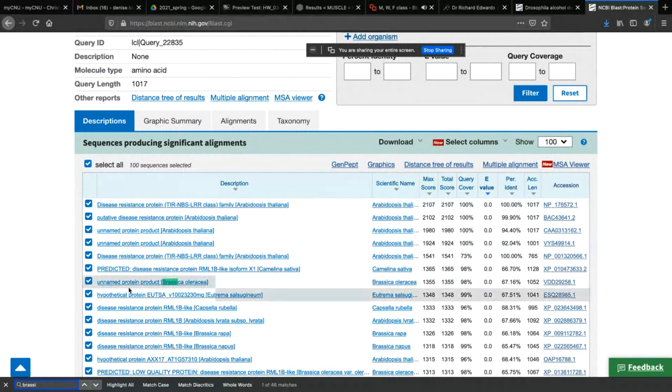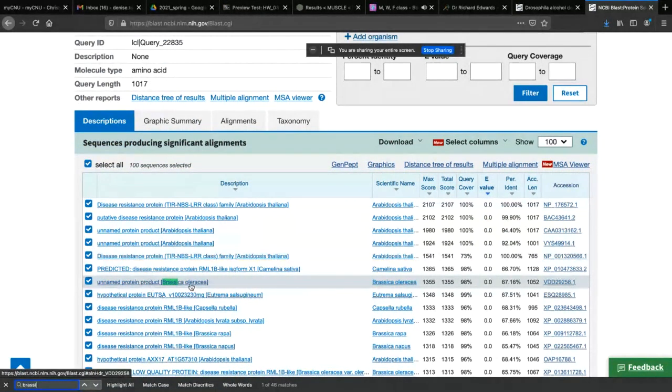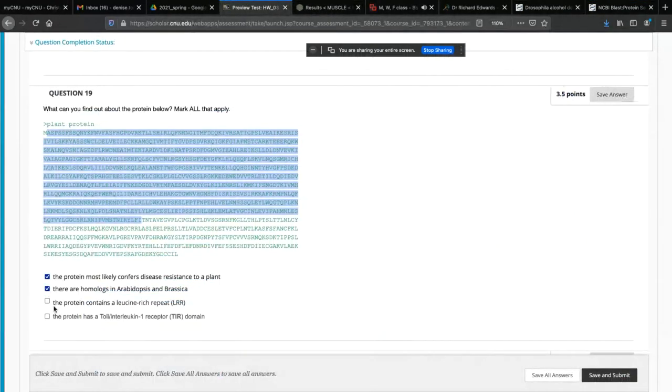So there are homologs in both. In this case, they don't know what it does in Brassica. But this is one example where finding a homolog gives you an educated guess of what the sequence does. Even though they didn't do mutations to see if the plant stops being resistant, they do know that the sequence exists in Brassica. So yes, there are homologs.